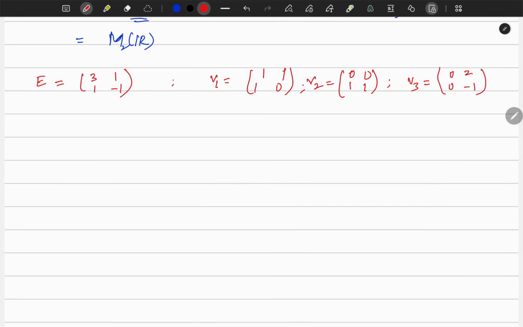They may ask you to write this as a linear combination of these, or check whether this is in the linear span or not. So what will you do?